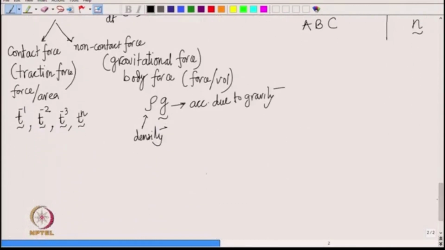So, what is the total force due to traction T minus 1? Assuming that the traction is the same on that face, you simply multiply traction with the area, is not it.